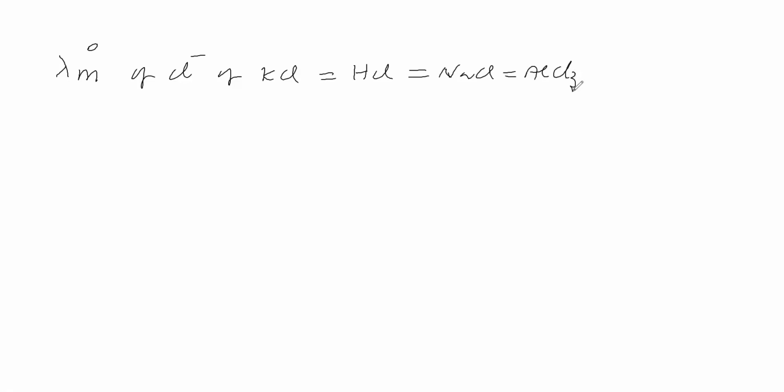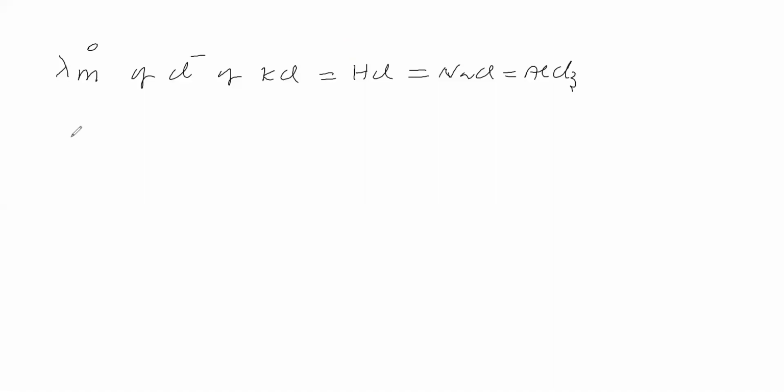Like this we can say. That means in all of these, lambda m naught of Cl minus remains the same, because of independent behavior, sir.